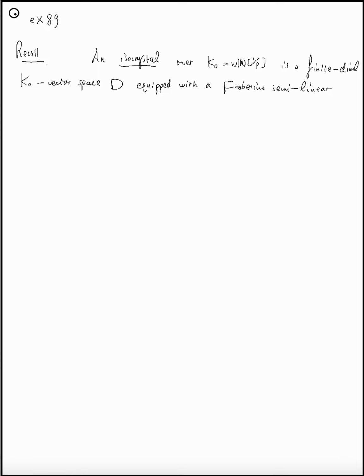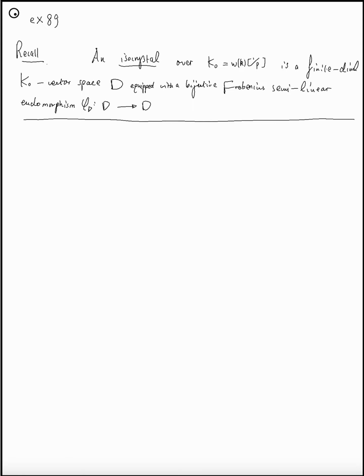Or just say equipped with a bijective Frobenius semi-linear map. Endomorphism. This is isocrystal.